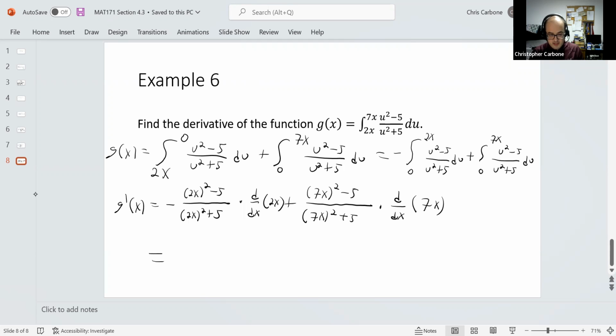So this just becomes negative 2 times 4x squared minus 5 divided by 4x squared plus 5 plus 7 times 49x squared minus 5 divided by 49x squared plus 5.